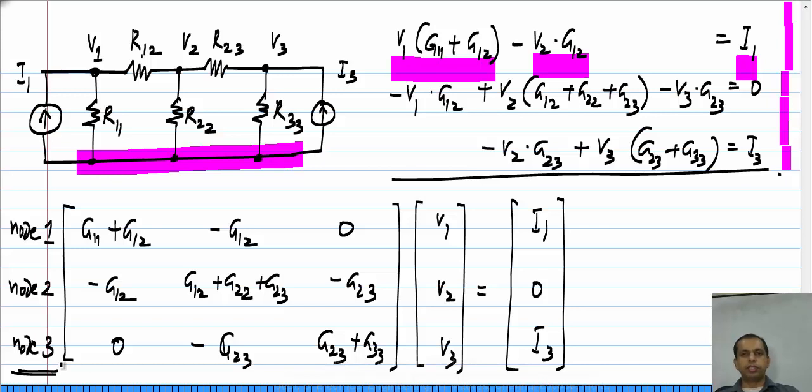So, the nodal analysis equations, which basically are written down as currents flowing out of a particular node in resistances equals the independent current source being injected into that node, I have put down in a matrix form. Okay.